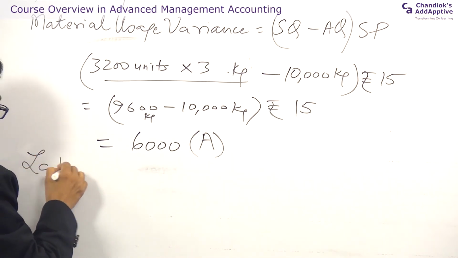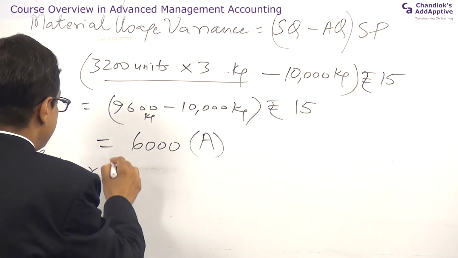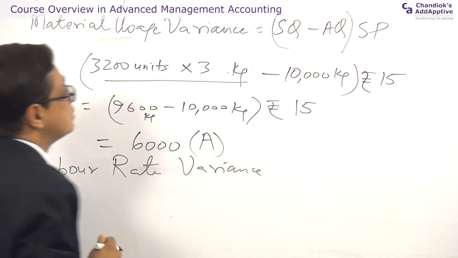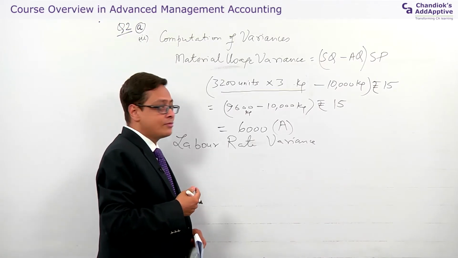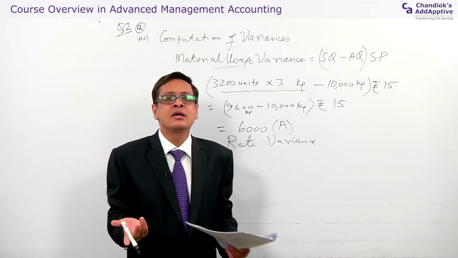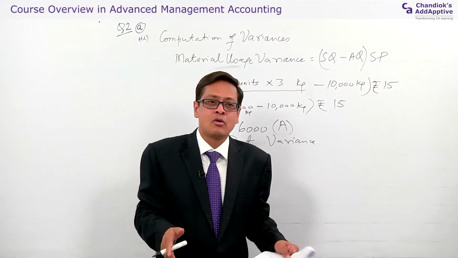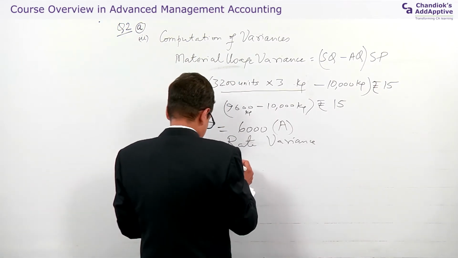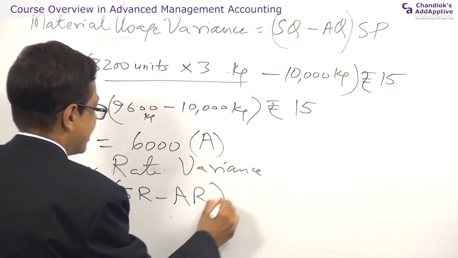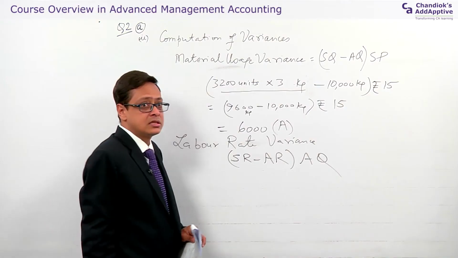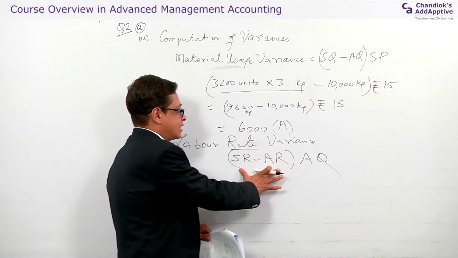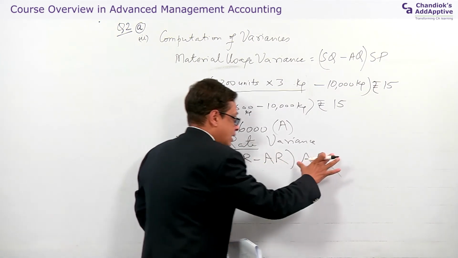Again, you must have labor rate variance. This is the part of the question which you have to answer. What will be the formula? Labor rate. So it is a difference in the rate with respect to actual quantity. So the formula is standard rate minus actual rate multiplied by actual quantity. Because when it says rate, you compare standard with actual, and this is applied on the actual quantity.